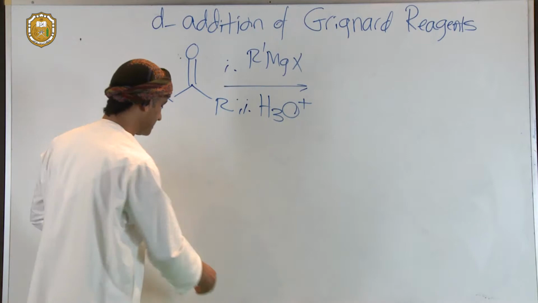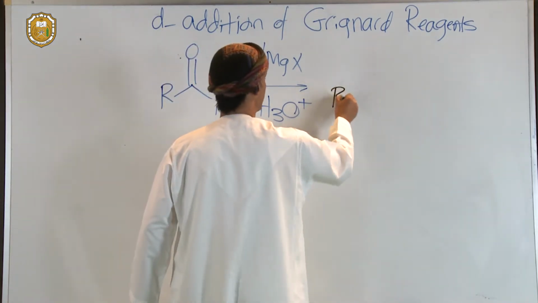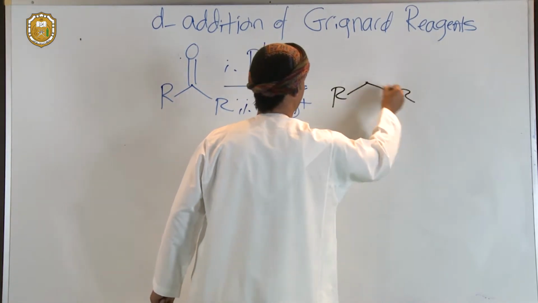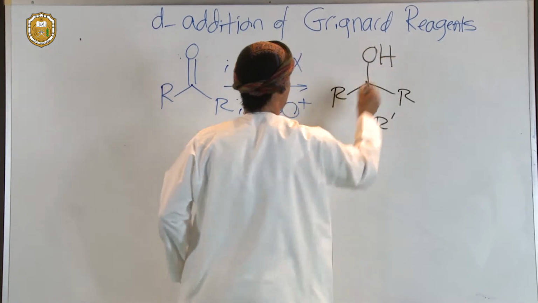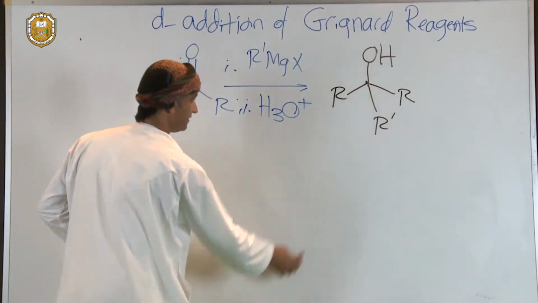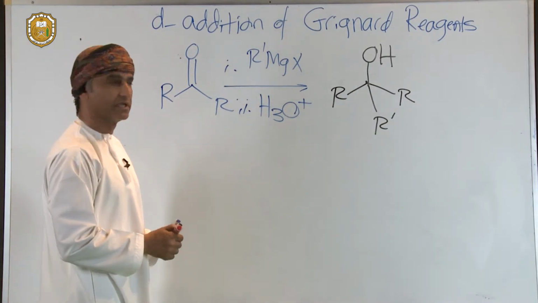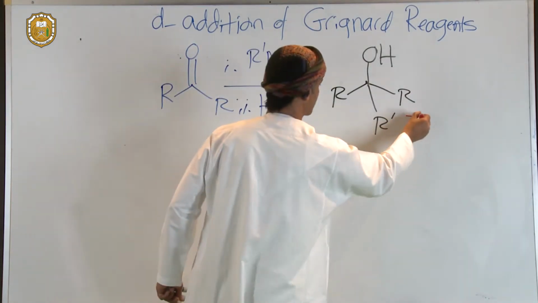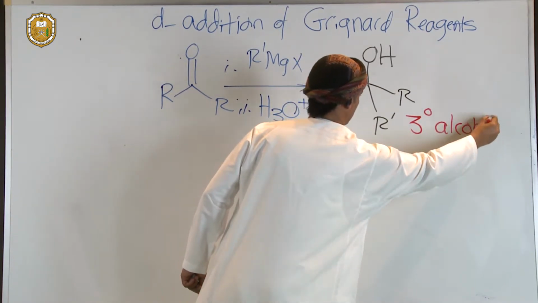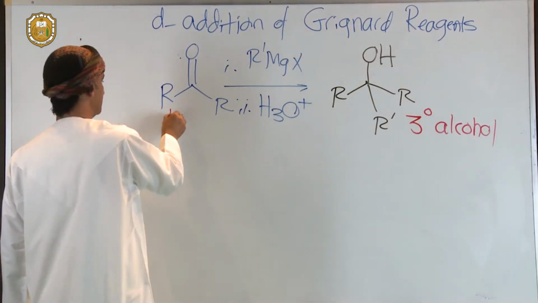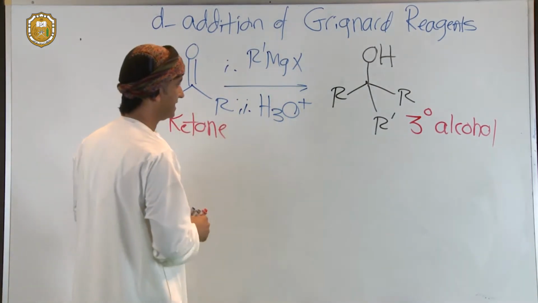So what happens is that a tertiary alcohol is actually formed. This R prime comes from the corresponding Grignard. So this is a tertiary alcohol, and of course we get a tertiary alcohol if we start with a ketone.